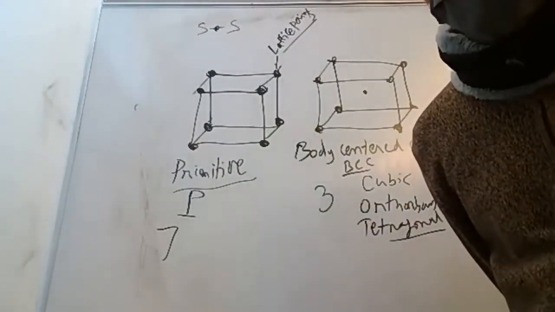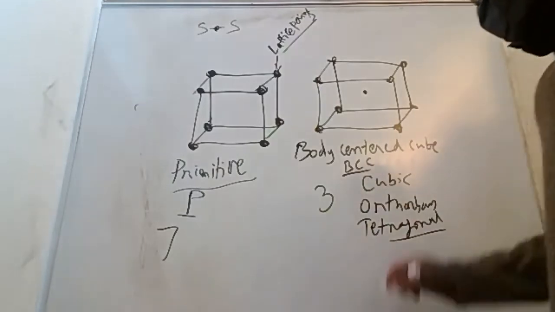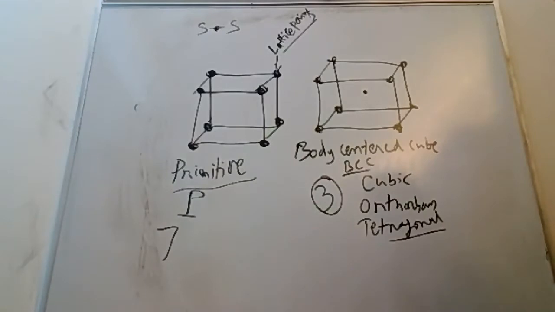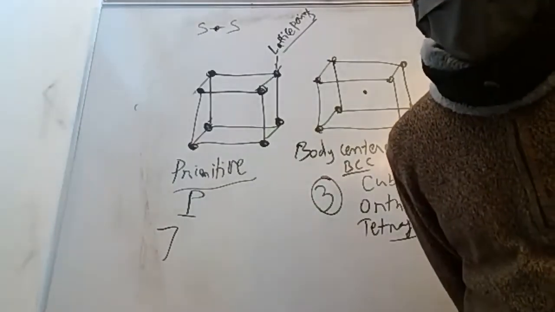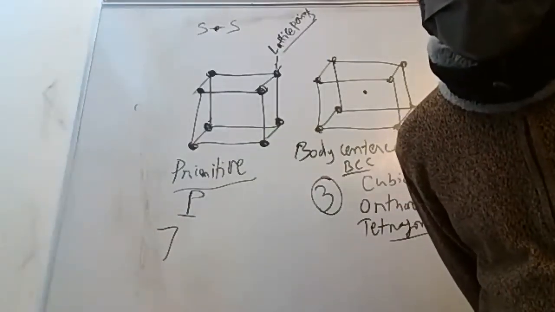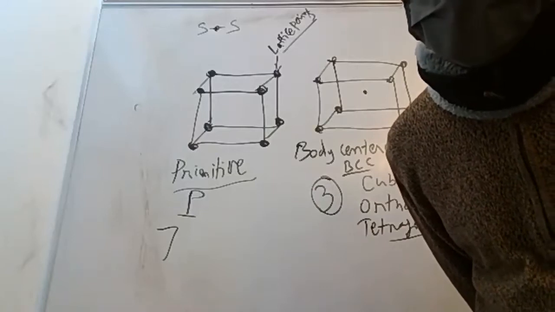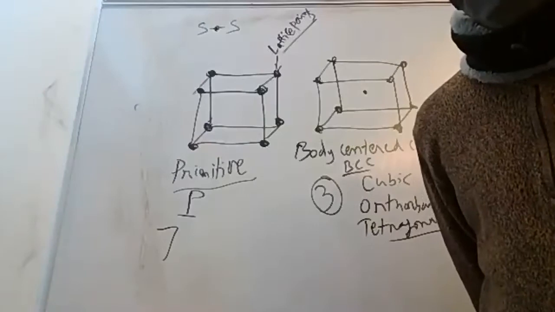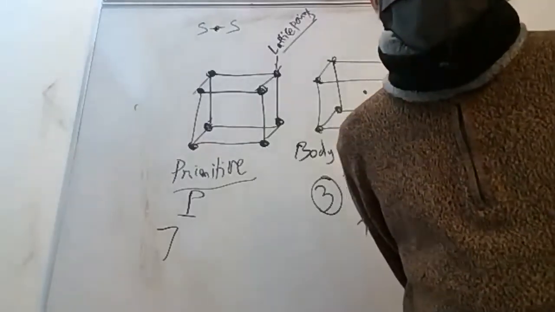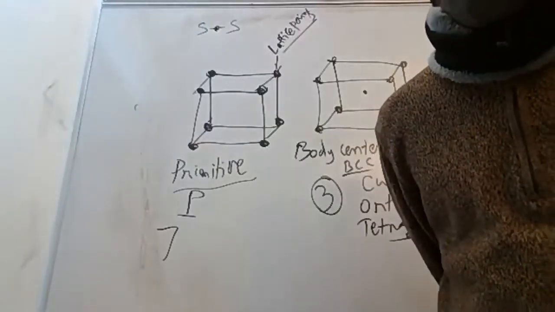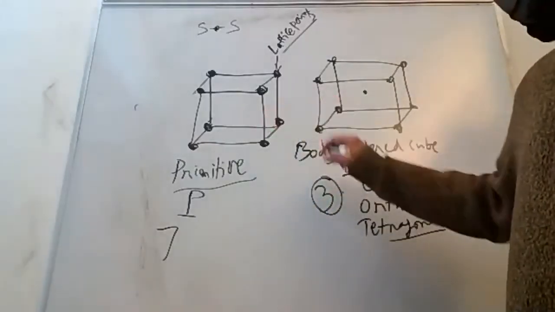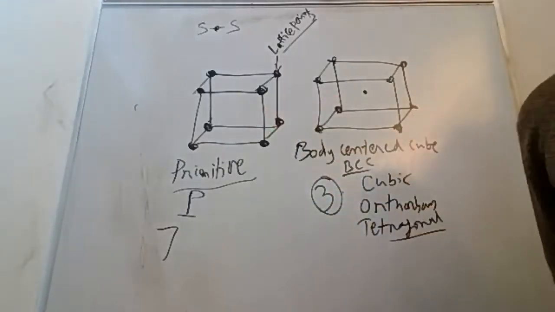So if you have a cube or an orthorhombic or a tetragonal, you can have the body centering, but you will not have body centering in rhombohedral, hexagonal, monoclinic, or triclinic. So those cells cannot have a body centering. The only 3 systems that can have body centering are cubic, orthorhombic, and tetragonal.